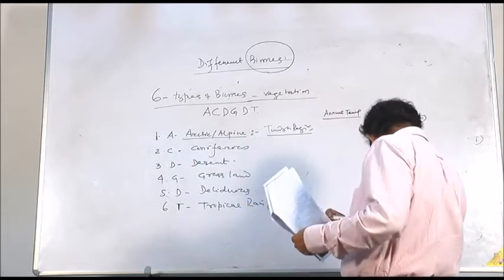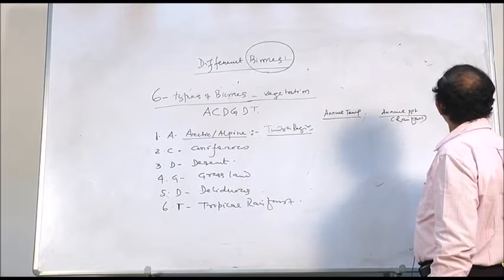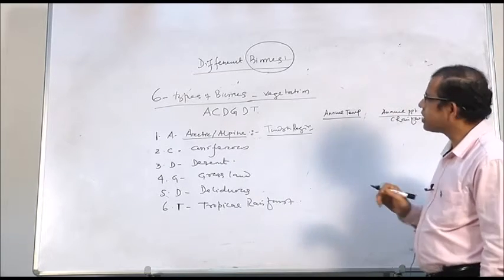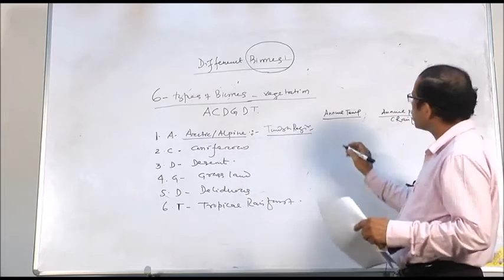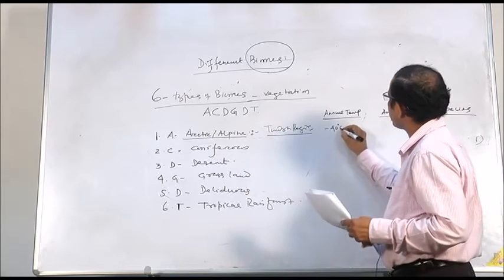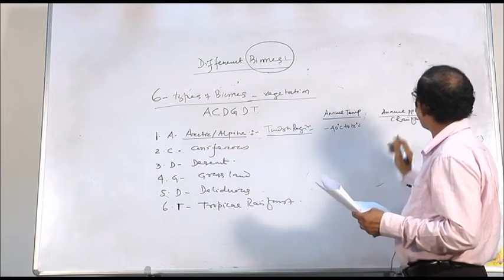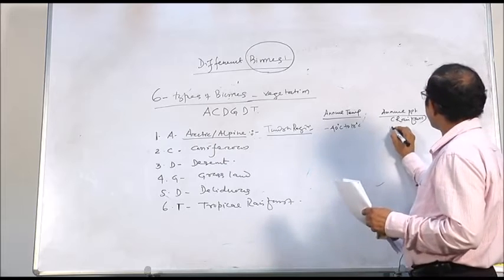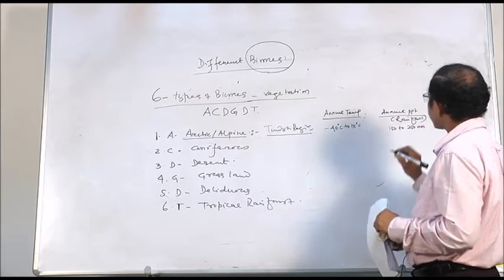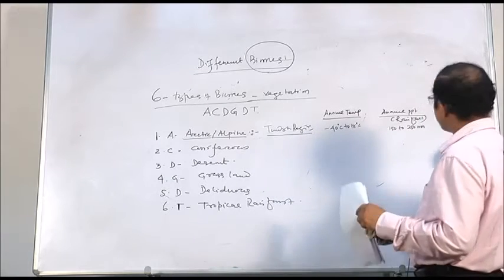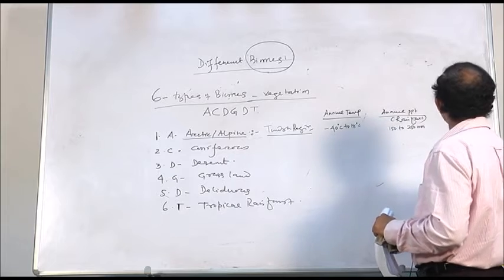Another third thing we can discuss is the species available. For the Arctic or alpine, the annual temperature is -40 to 18 degrees centigrade. The annual precipitation is 150 to 250 mm, and the species you will find are lichen and moss.